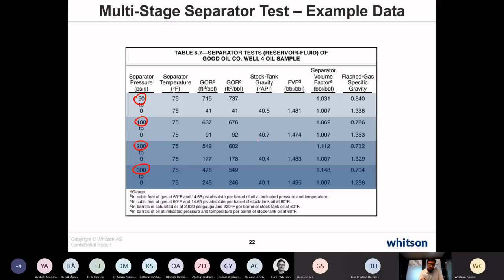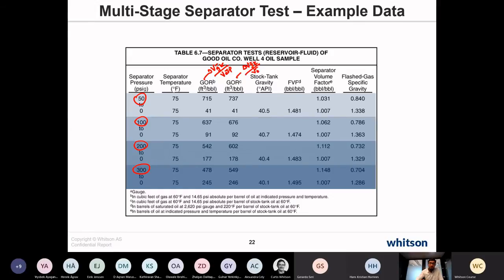If you look at this note here, this GORB is your absolute psi per barrel of oil at indicated pressure. So that's this delta VG at given pressure divided by the VOSP, this delta VG that we saw before divided by the stock tank volume.